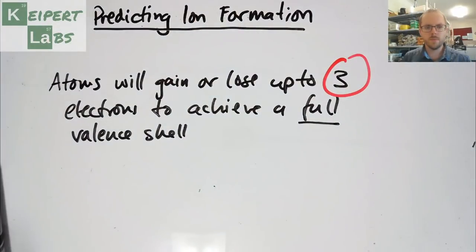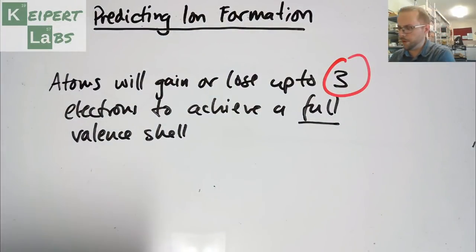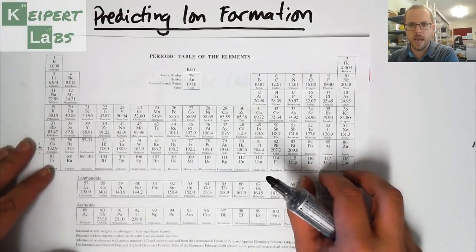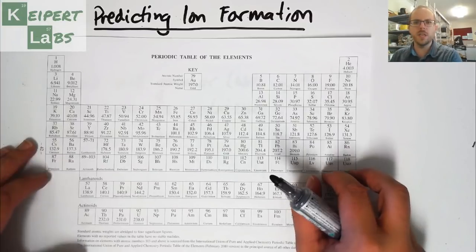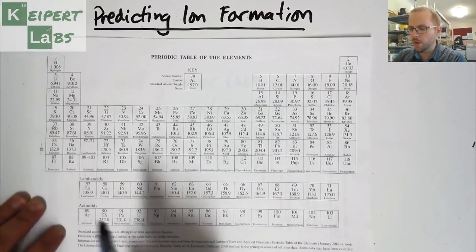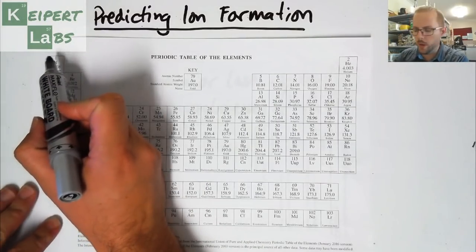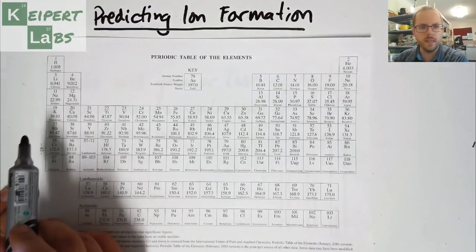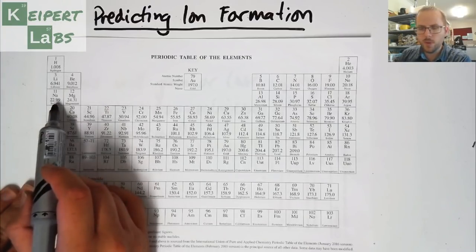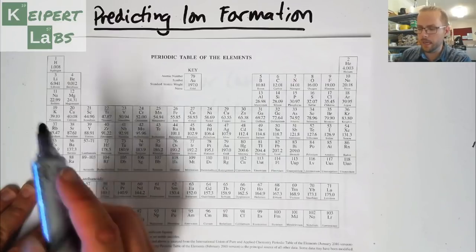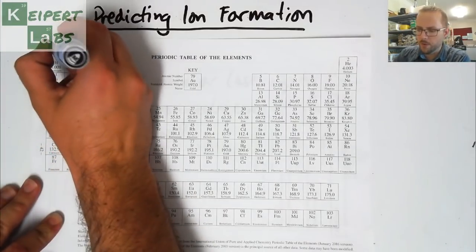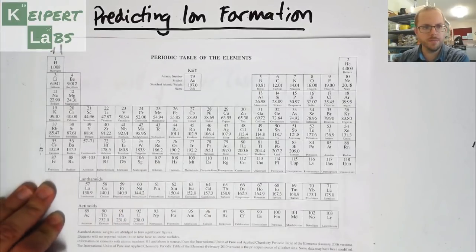Okay, if I just pop our periodic table on here for a moment to help illustrate a key point, we can look at the periodic table to predict how an atom will form an ion. When we looked at group 1, remember, they have 1 valence electron. When we looked at sodium, we said that it would lose 1 electron to form a full outer shell, so it forms a +1 ion.